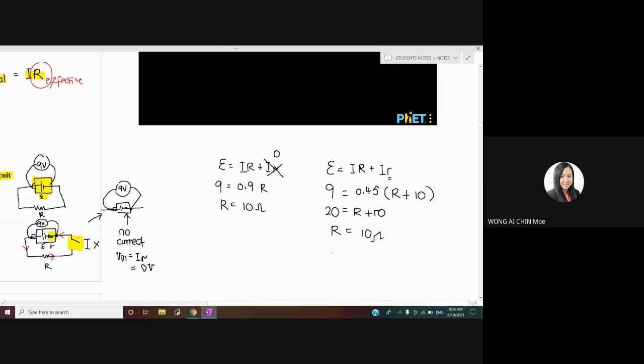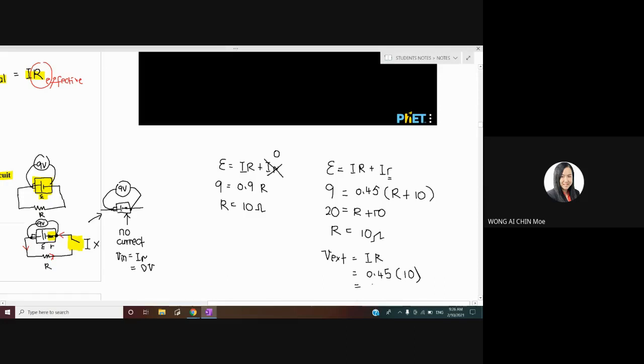So why is our V external only equal to 4.5? Because if you calculate V equals to IR, and your I only left 0.45, but your resistor is still the same, 10 ohm, because we are using the same light bulb.